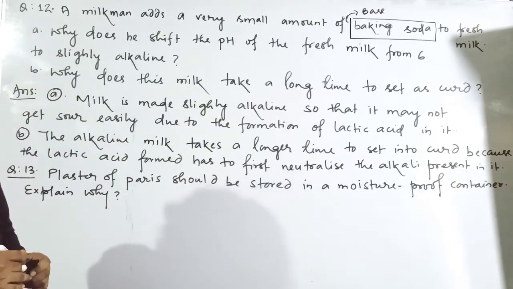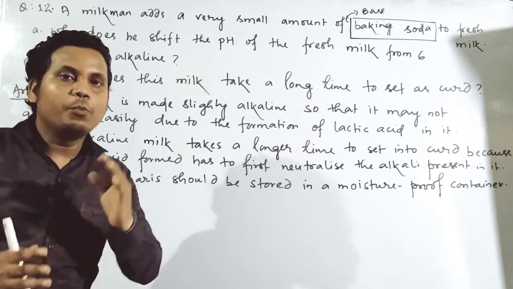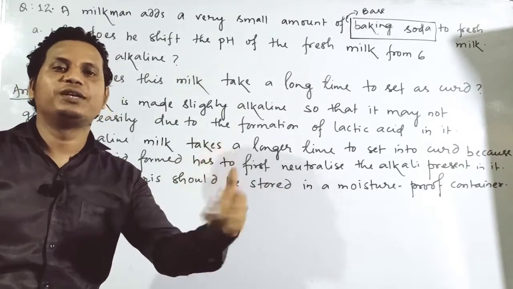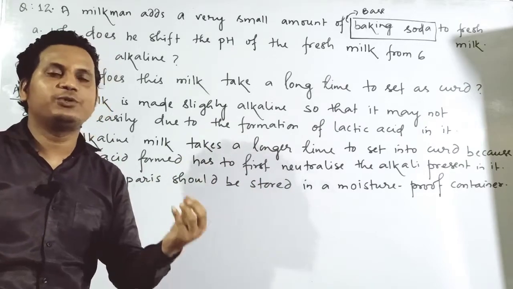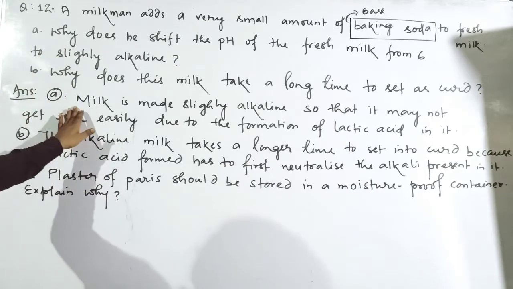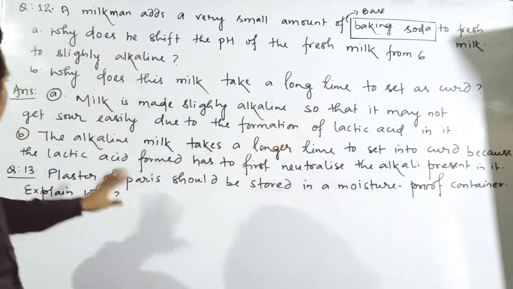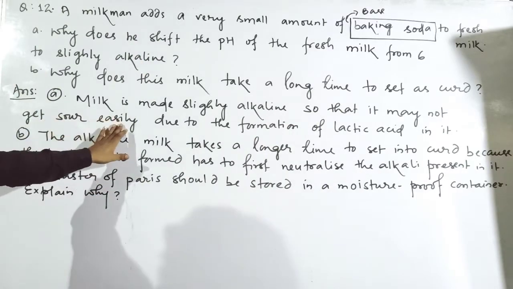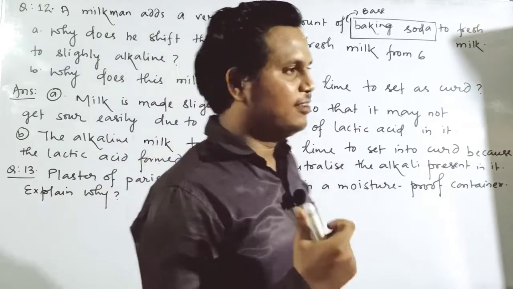So why did he add baking soda to milk? So that milk will take some time to become acidic as curd. So the answer will be, milk is made slightly alkaline so that it may not get sour easily due to the formation of lactic acid in it.